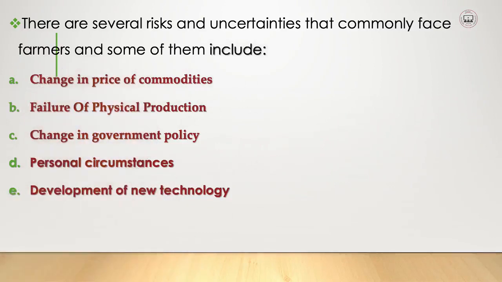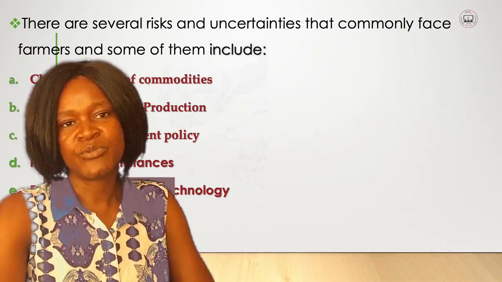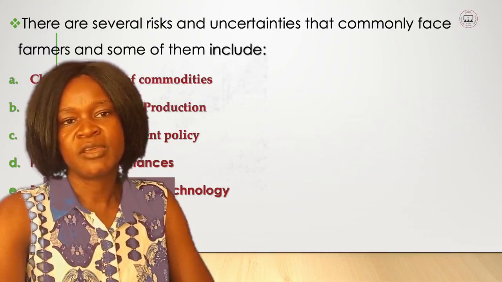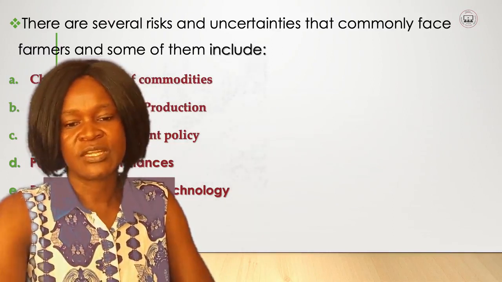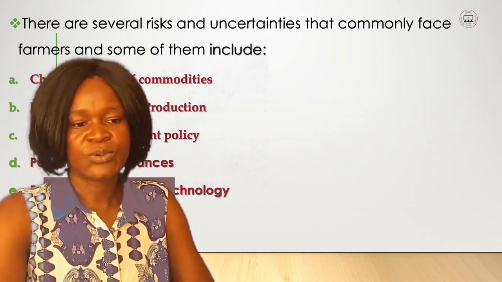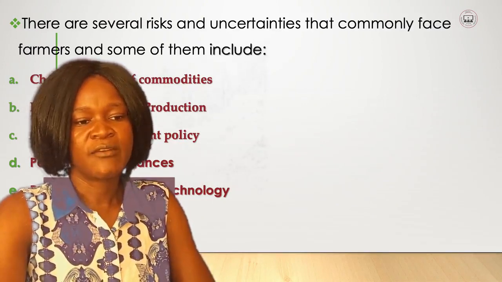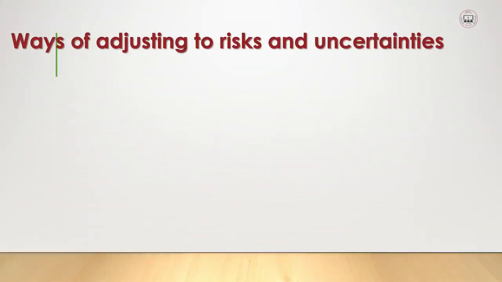Apart from that, development of new technologies. Of course, the technologies are being improved for better and better, but some of them may affect production in a negative way. So those are some of the risks and uncertainties that commonly face farmers. It is possible to adjust the risks and uncertainties. It is very possible to adjust these risks and uncertainties.